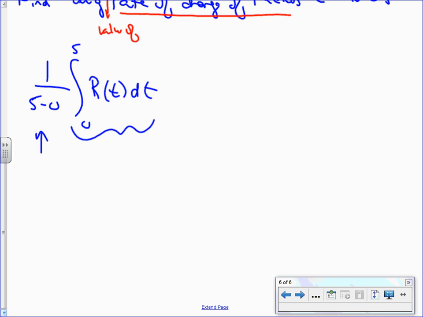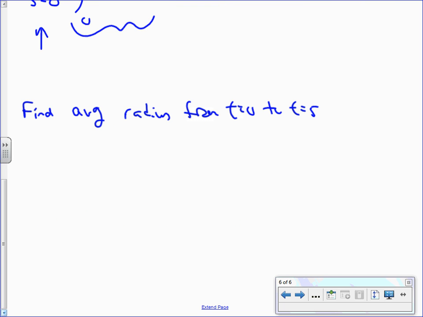If I asked you instead to find the average radius from t equals 0 to t equals 5, 1 over 5 minus 0 again is average value. You've got to sort of hear that word in there. Okay? The average value, the interval from 0 to 5, and what do we put in here this time?